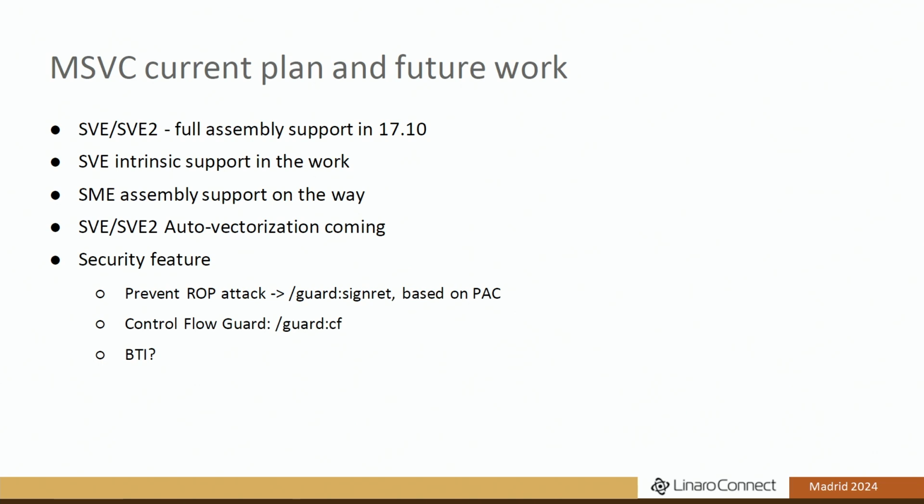But they're still missing jump-oriented programming (JOP) mitigation, and we think BTI will help. BTI is branch target identification, and I believe the work for BTI is going to be done after SVE auto-vectorization is done, which is likely going to be next year.